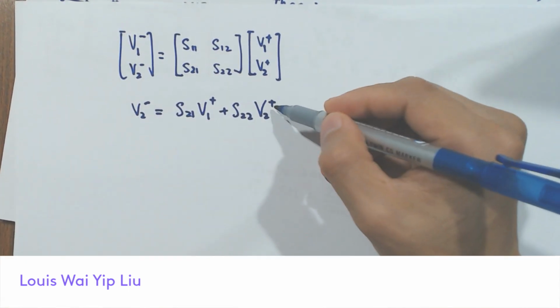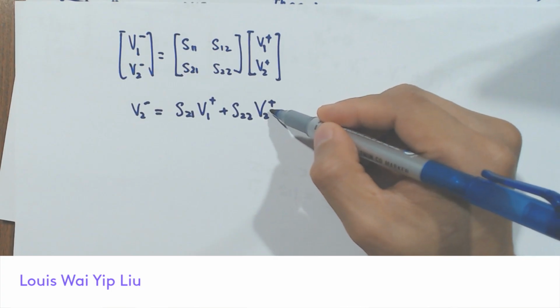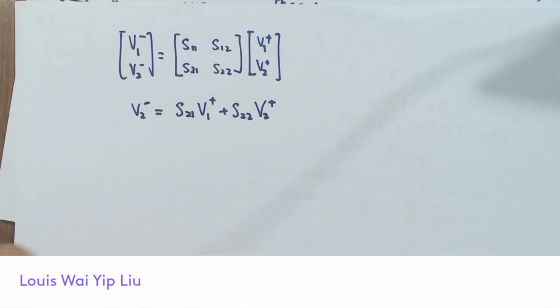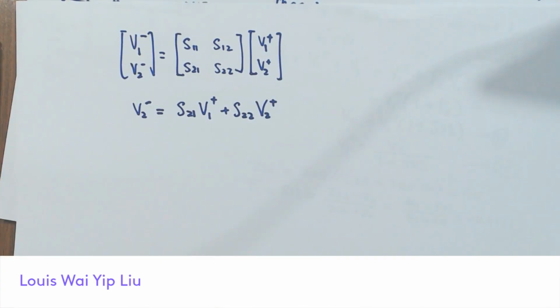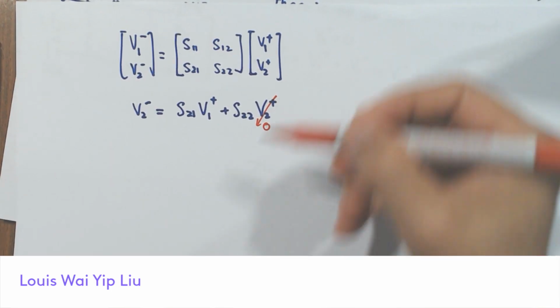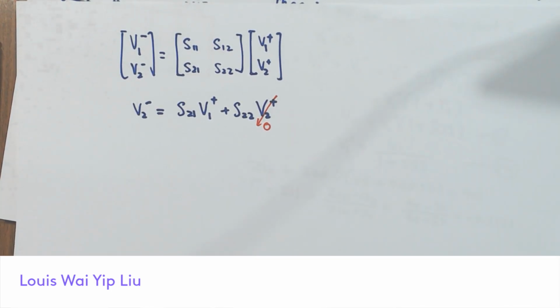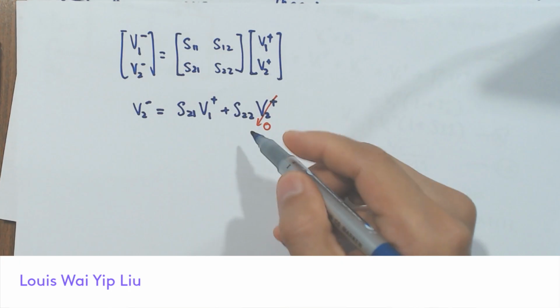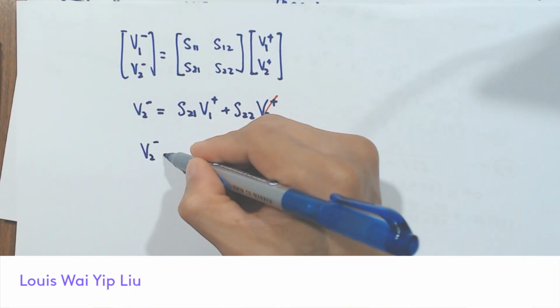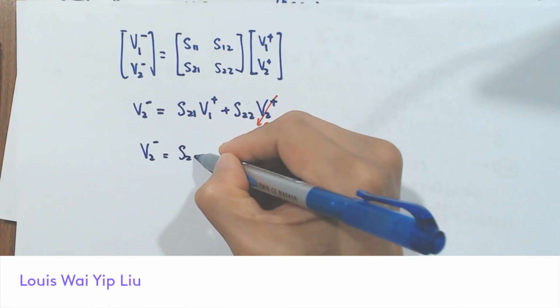But there isn't any excitation in port 2. We can safely assume that this term is 0. V2 plus should be 0. So in this case, we can say V2 minus is equal to this one.